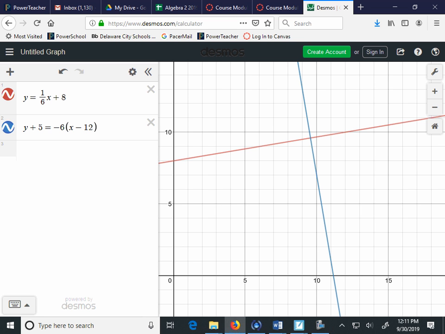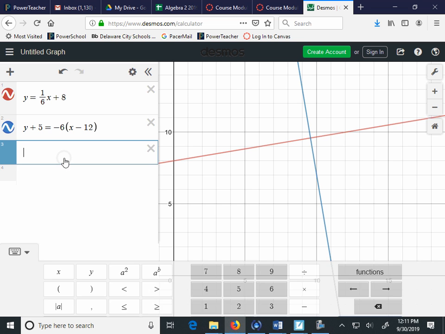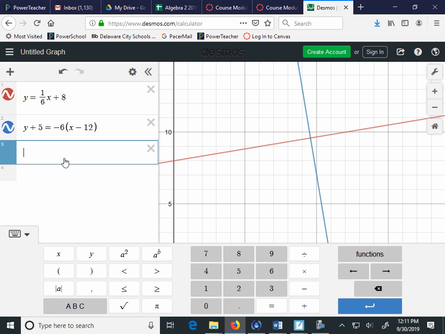If your paper isn't fitting in between those lines perfectly, then it's not perpendicular and something is off. More than likely it's your slope. Check, it had to pass through the point (12, -5), because maybe you got the slope right, so the lines are perpendicular. It also has to pass through the point (12, -5). So plot that point (12, -5).